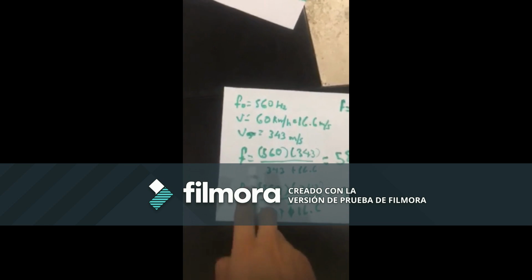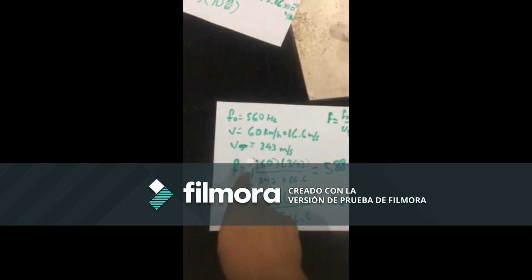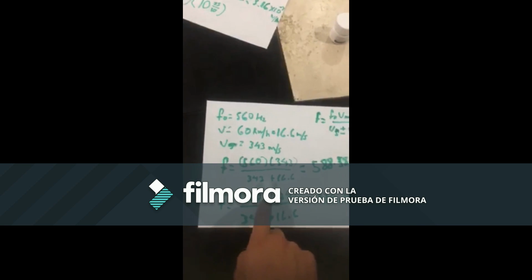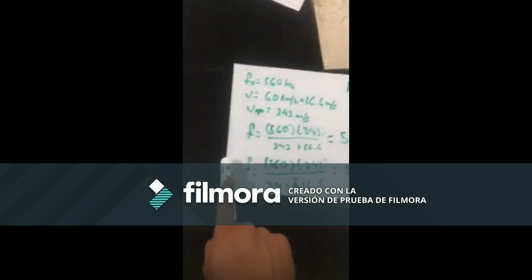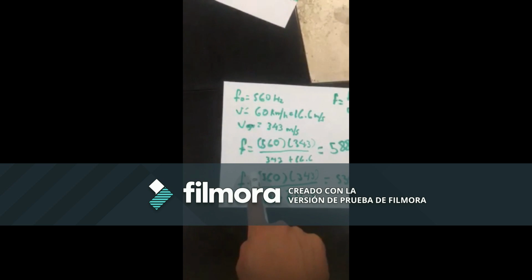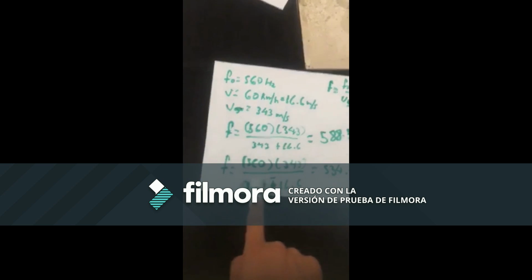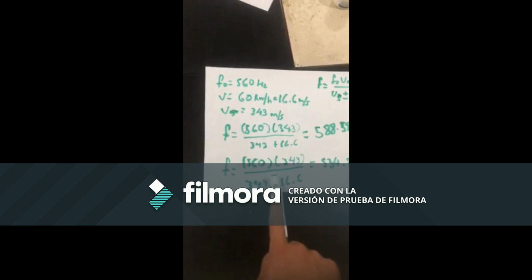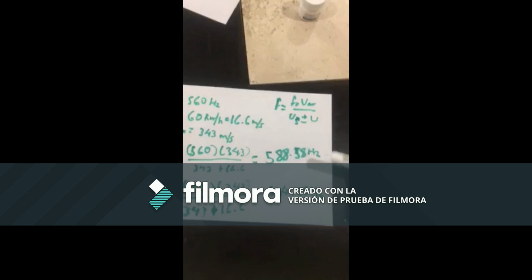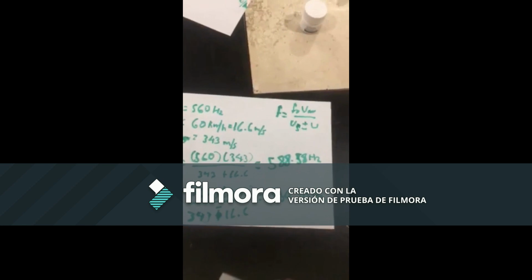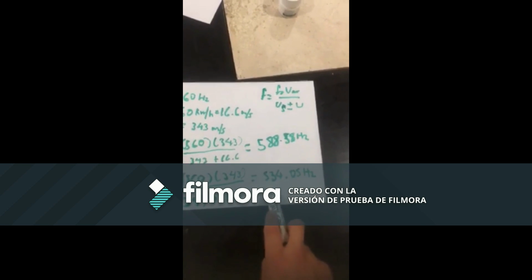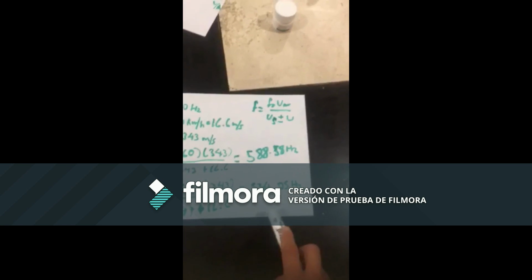Then we have to use this. Frequency equals 560 times 343 over 343 plus 60.6, and frequency is going to be equal to 560 times 343 over 343 minus 60.6, and those are the highest value we can hear and the lowest value we can hear. That is going to be 588.68 Hertz and 534.05 Hertz.